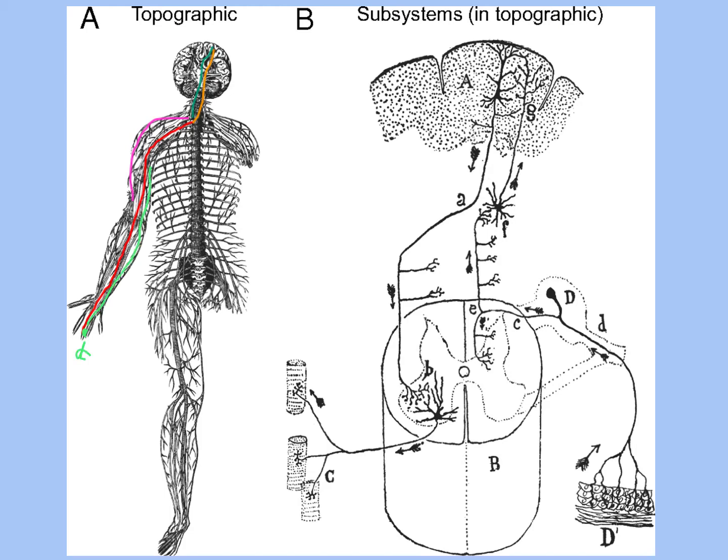That pathway travels all the way up your arm into your spinal cord, up to your brain, synapses somewhere in your brain, which gives a message to send a signal back down motor pathways from the brain to the spinal cord, from the spinal cord out to the muscle here, which will then tell your muscle to move your arm away from that stimulus.